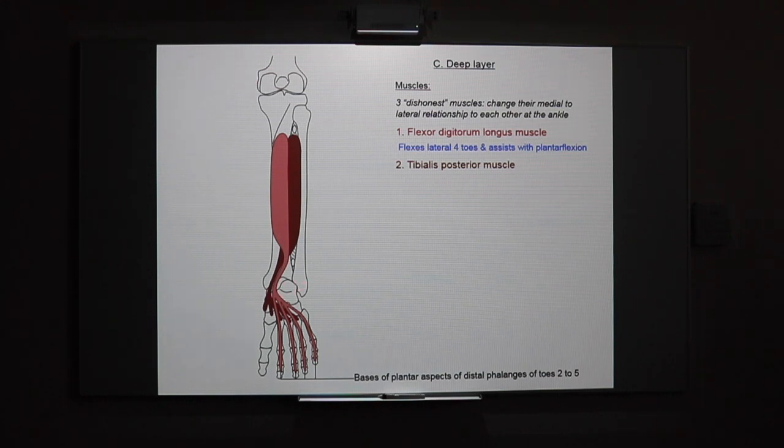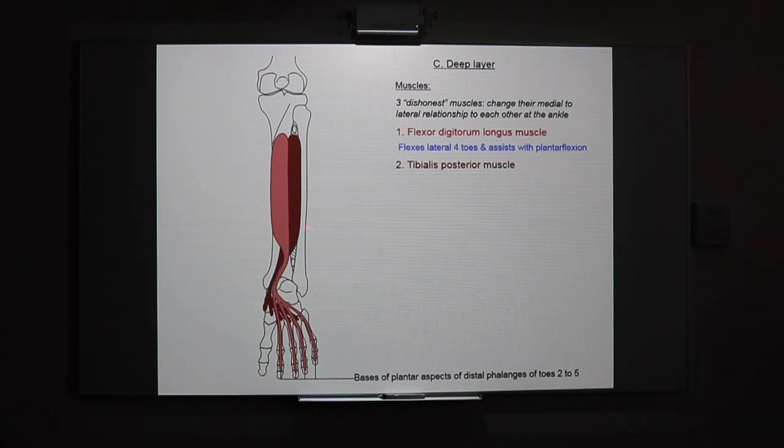But when it reaches the ankle joint behind the medial malleolus, it crosses the flexor digitorum. So it is going to lie the medial most structure behind the ankle joint. So tibialis posterior would be medial to the flexor digitorum.